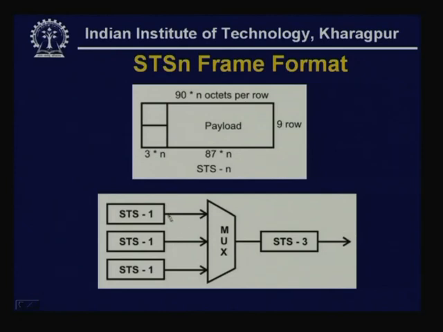For example, 3 STS1 signals can be combined with the help of a multiplexer to form an STS3 signal, and in general we can have the STS-N frame format, where, as you can see, the overhead columns are provided at the front, which has 3 into n columns, and the remaining 87 into n are essentially the payload, of course, out of which there are path overheads present here, which is not shown here.